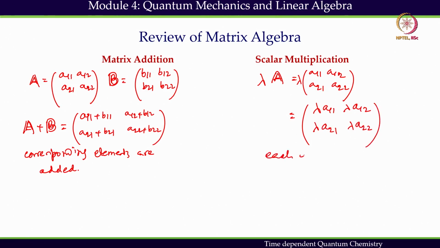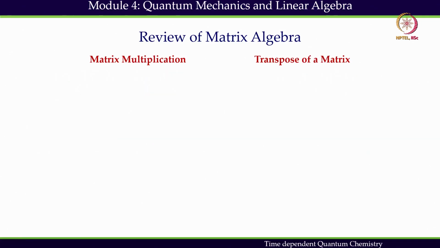Each element is multiplied. Matrix multiplication and scalar multiplication are two concepts we have to distinguish. Previously we showed scalar multiplication, here we will show matrix multiplication. I again have two matrices, a simple 2 by 2 case we are considering, because that will give us a direct visualization of what might happen.